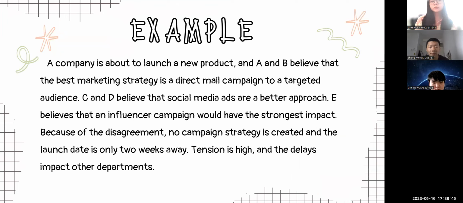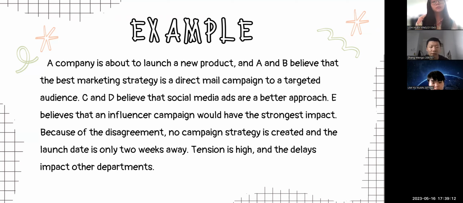Okay, there's an example about intragroup. A company is about to launch a new product, and A and B believe that the best marketing strategy is a direct mail campaign to a targeted audience. C and D believe that social media ads are a better approach. E believes that an influencer campaign would have the strongest impact.